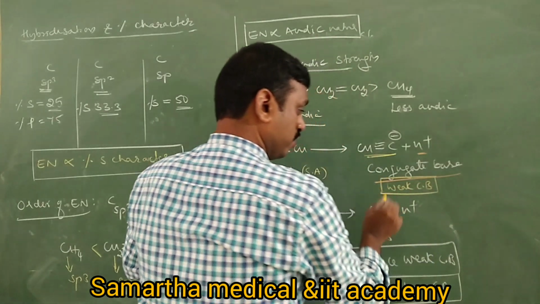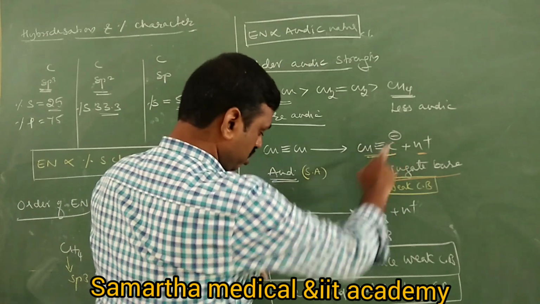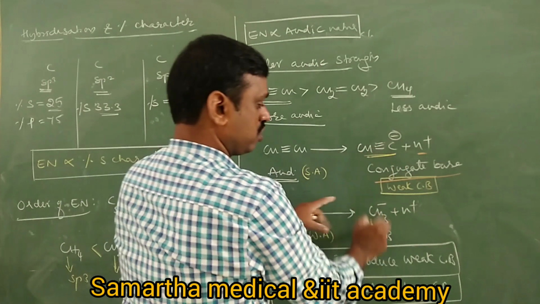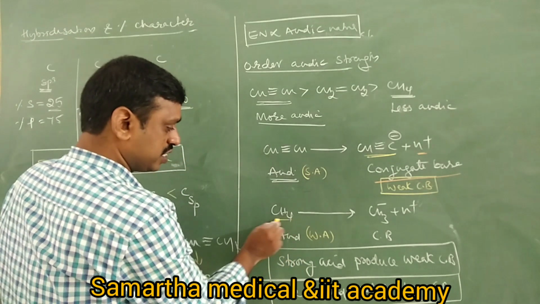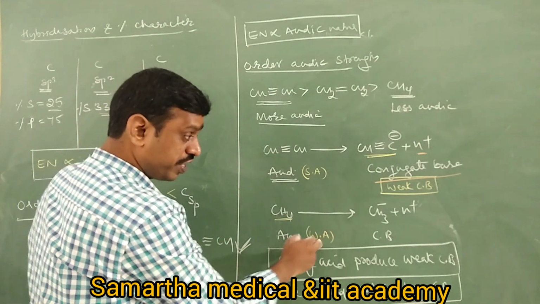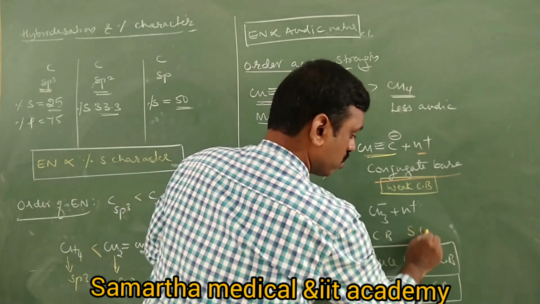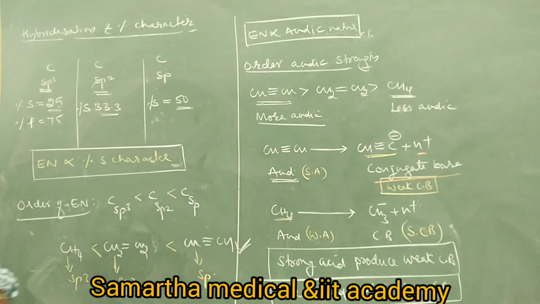The question is, which of the following is a weak base? They have given this option, this option, and another option. So now tell me, it is methane. Which acid is it? Weak acid. This weak acid gives strong conjugate base. Right? So this is based on electronegativity.